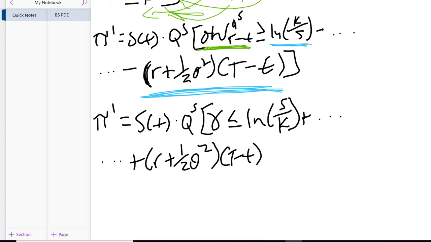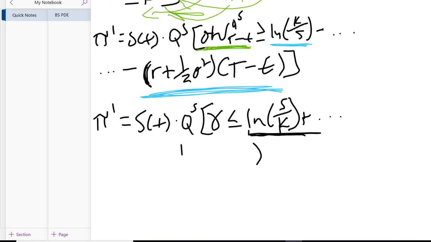and then this, you know what, I should write all this in one line so that dividing doesn't get confusing. ln S over K plus (r plus 1/2 sigma squared)(T minus t).